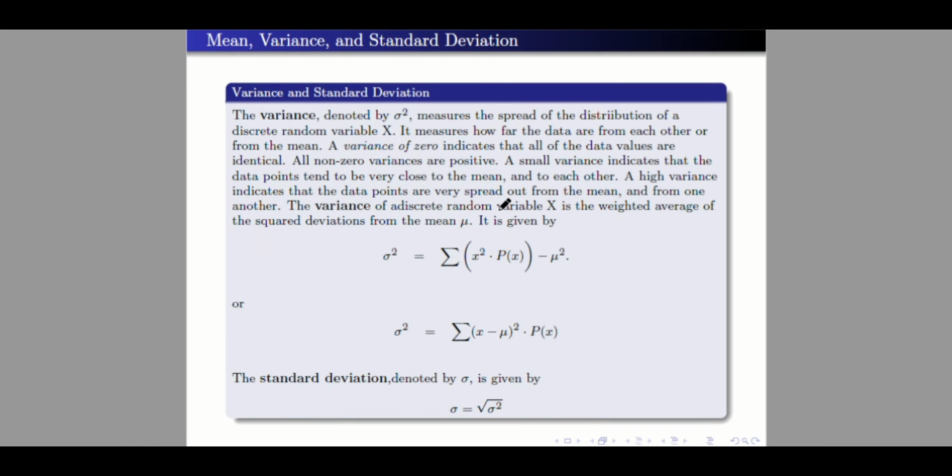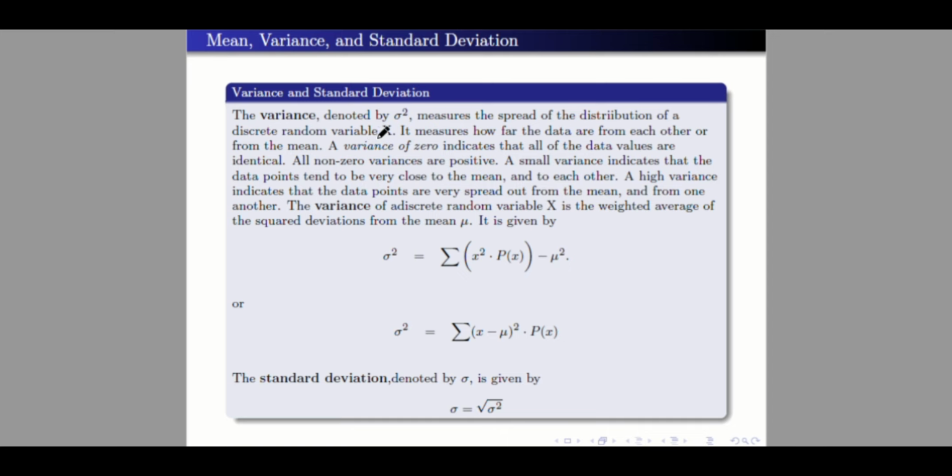For the variance and standard deviation, they are the measure of spread or dispersion. So it measures how far the data are from each other or from the mean. Usually we use variance or standard deviation to determine whether the data are homogeneous or non-homogeneous.